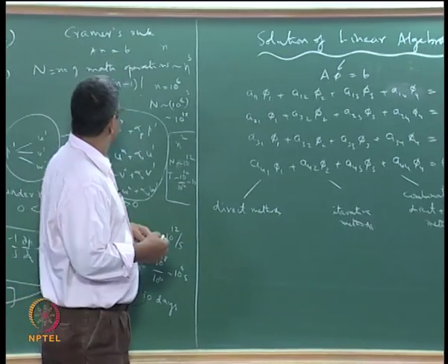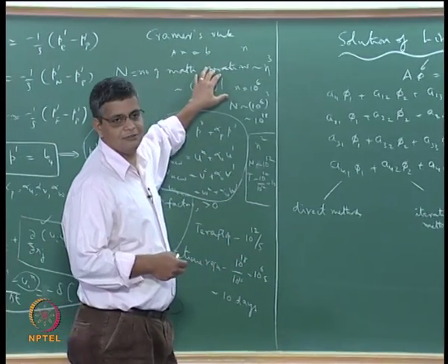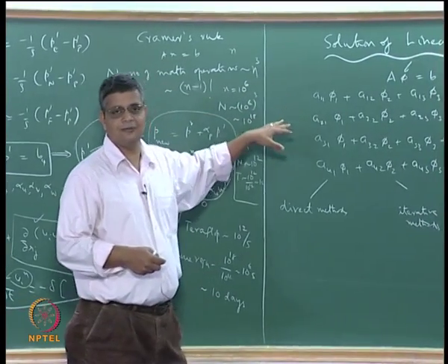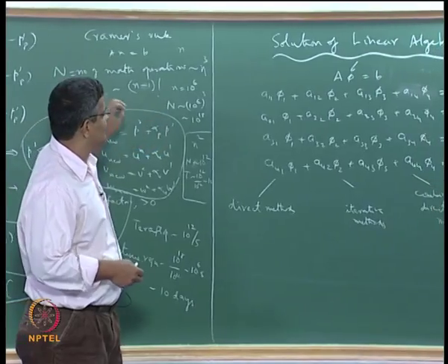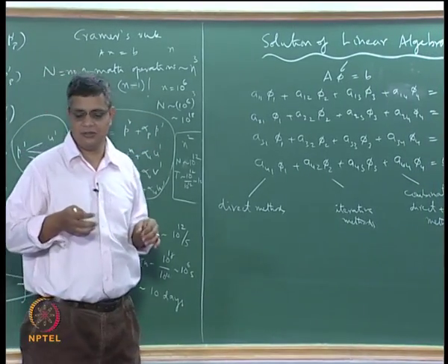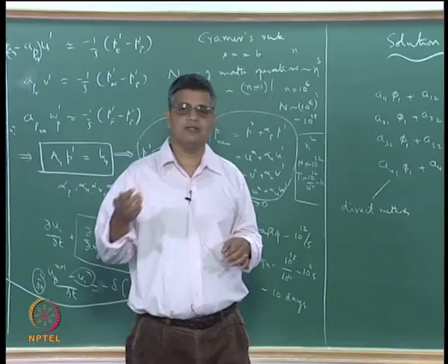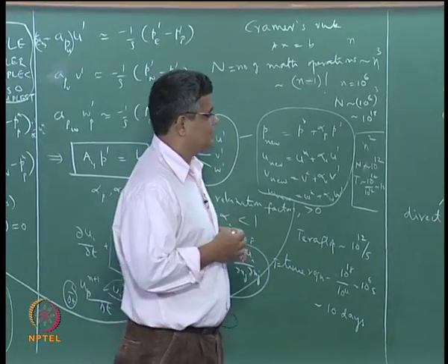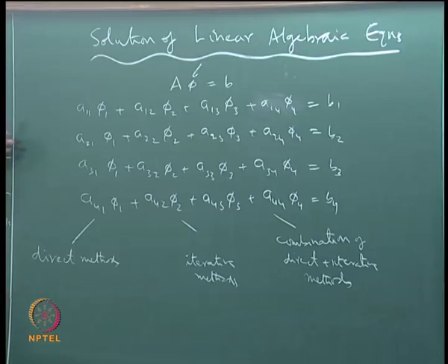So the number of mathematical operations, by which we mean addition, subtraction, multiplication and division, and when we look at the computational time, typically we take only the multiplication and division because these are more time consuming than addition and subtraction. So the number of mathematical operations that are to be done on this system of equations in order to get the solution is fixed in a direct method.